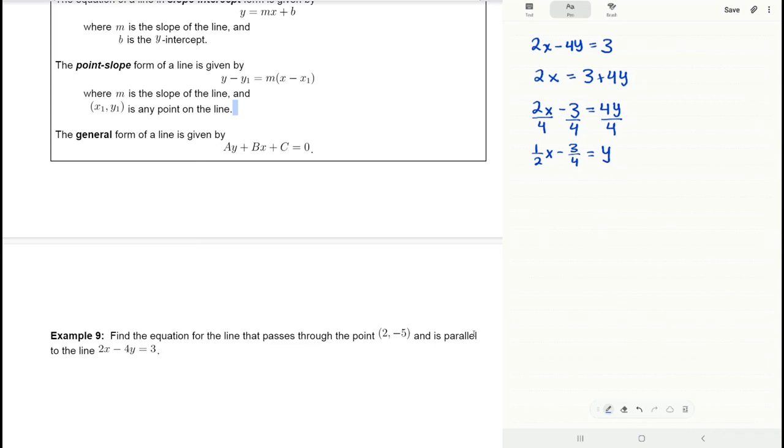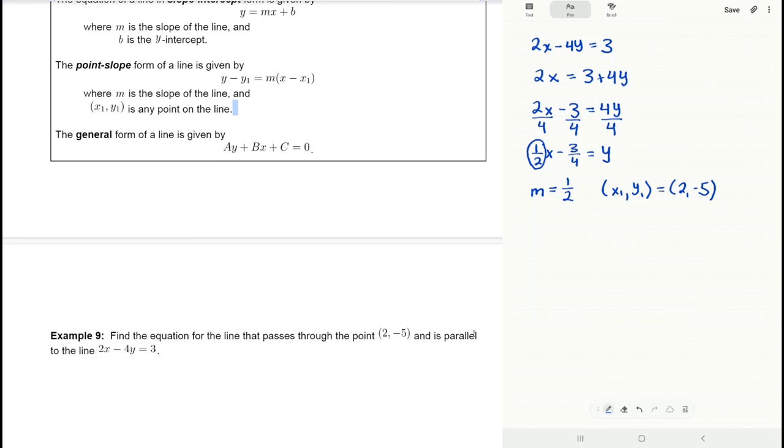Now if we look at the coefficient of x in this equation, this tells us what the slope of this line is. So the slope of the line is equal to 1/2. Now the point that we want to be passing through is (2, negative 5), and so this gives us our point, which is on the line.